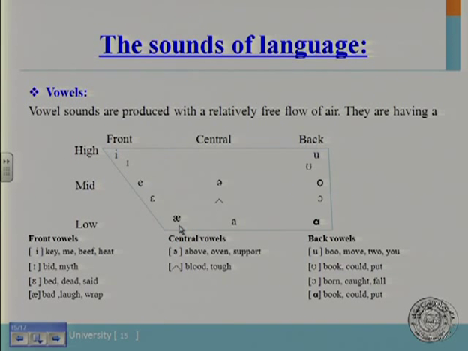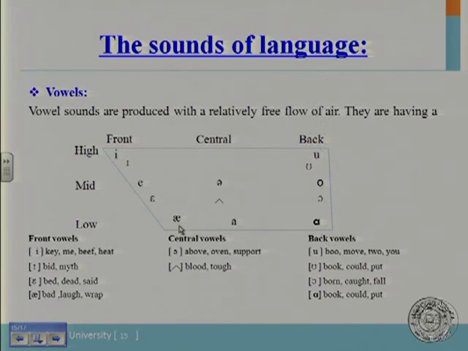The third group here, we have the back vowels. We have four vowels here, as in boo, or move, or to, or you. Long vowel oo, which can be represented by this sound. The second is the short vowel, as in book, could, put. It's a short vowel.